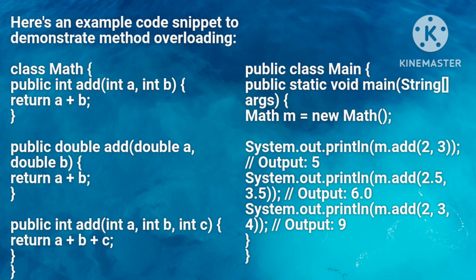Public static void main, String args. Math m equals new Math. System.out.println m.add 2, 3, output, 5. System.out.println m.add 2.5, 3.5, output, 6.0. System.out.println m.add 2, 3, 4, output, 9. Closing curly bracket. Closing curly bracket.